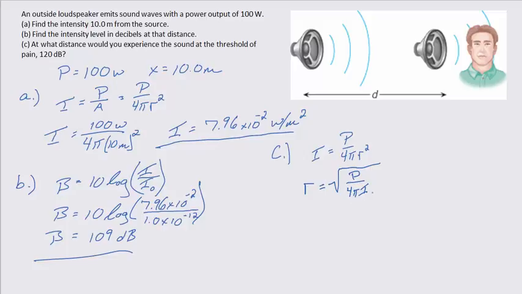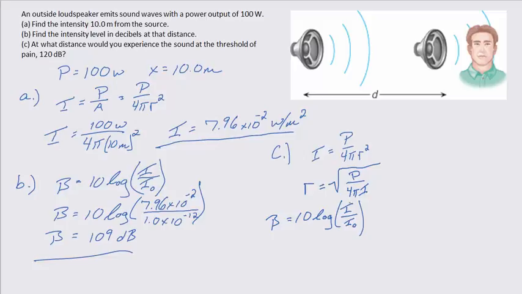However, in our equation, we have the intensity level of sound, and in part C, we're given the decibel level of sound. So first, we will have to convert our decibel level into an intensity level, which we can do with the equation that beta, which is our decibel level, is equal to 10 multiplied by the log of our intensity divided by our reference intensity.